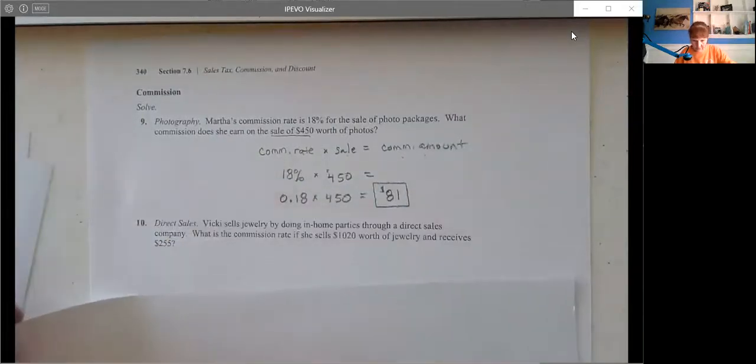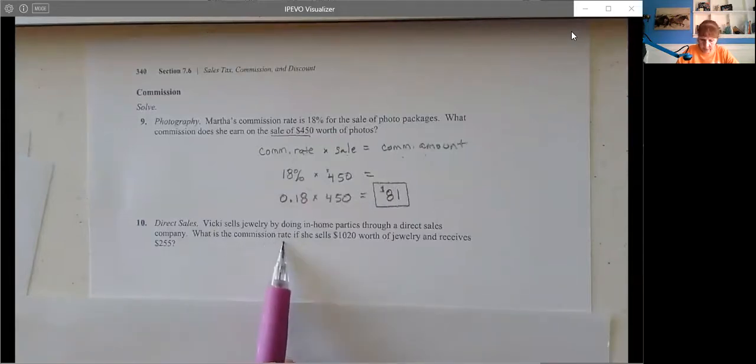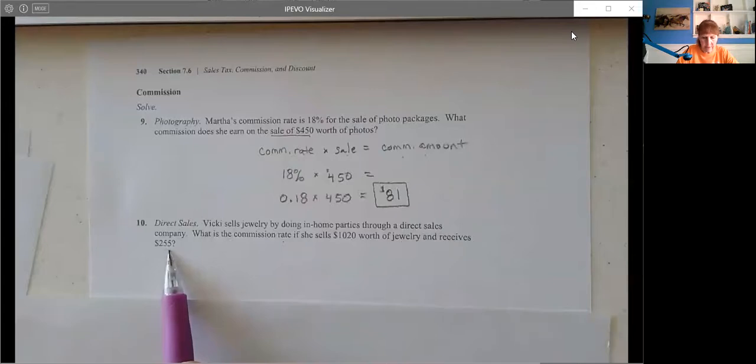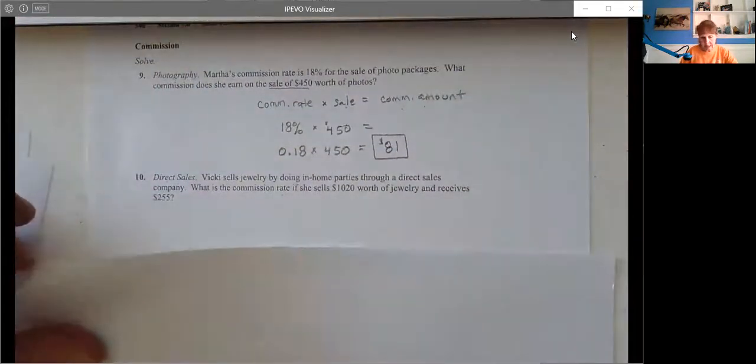Let's look at another one here. What is the commission rate? Okay, so here we have direct sales. Vicki sells jewelry by doing in-home parties through a direct sales company. What is the commission rate she will earn if she sells $1,020 worth of jewelry and receives $255 as a commission? So in this case, I want the commission rate.